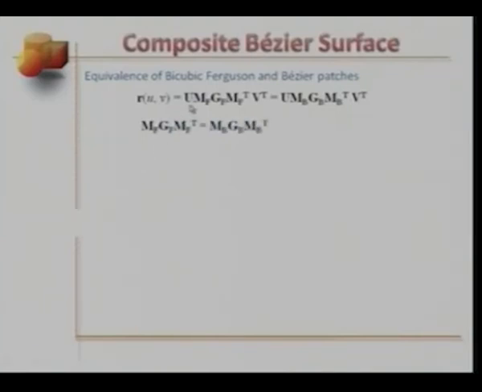So if we let go of the row vector u, and if we also let go of v transpose, we will see that M_F G_F M_F transpose is equal to M_B G_B M_B transpose. So this part here is equal to this part here.